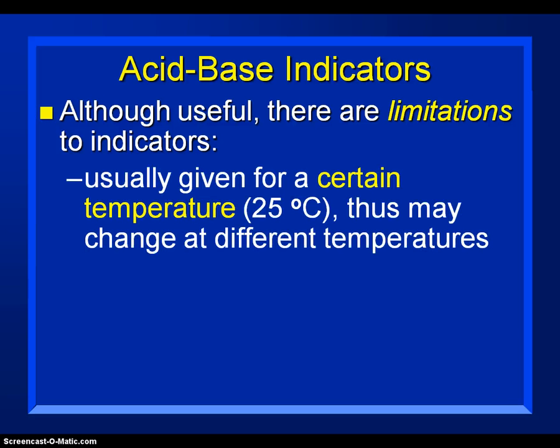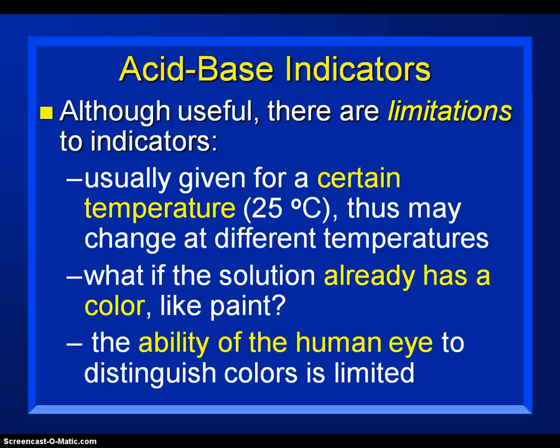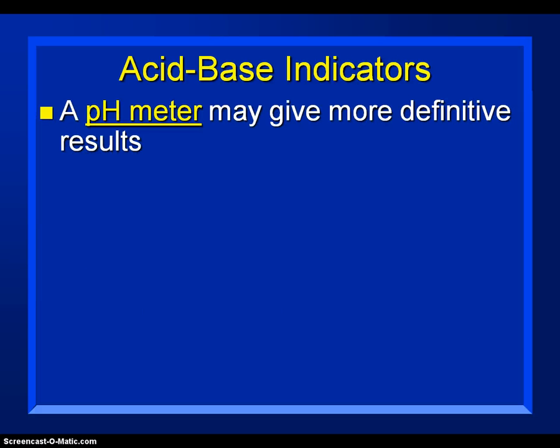So some of the limitations we see with these acid-base indicators, typically they're very temperature sensitive. They also don't work very well if we have a solution that has a specific color. And distinguishing color is a human ability that can be subjective, so if you're colorblind, that could be an issue as well. So really the best way to determine acids and bases is to use something called a pH meter.